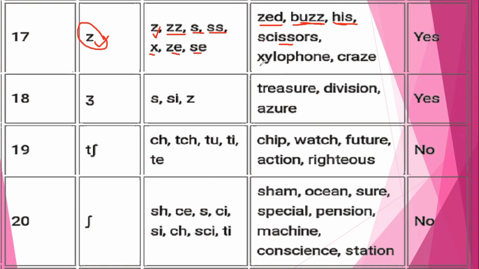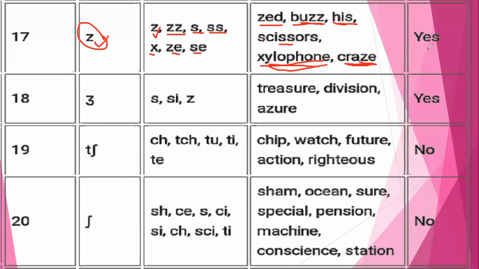Another is X. X pronounced jar here, so its pronunciation is xylophone, xylophone. ZE pronounced jar here, so it becomes crate, crate.